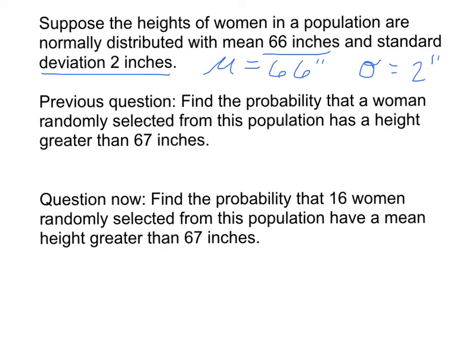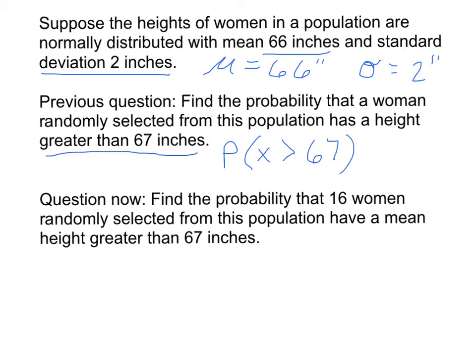Previously, we saw questions like this one. Find the probability that a woman randomly selected from this population has a height greater than 67 inches. So we're looking at the probability that one woman selected from this population has a height bigger than 67 inches.